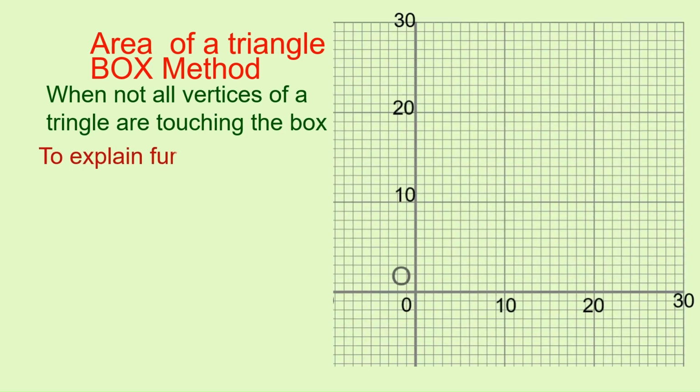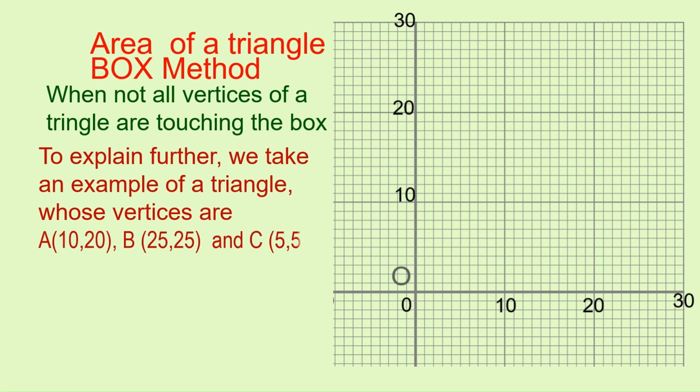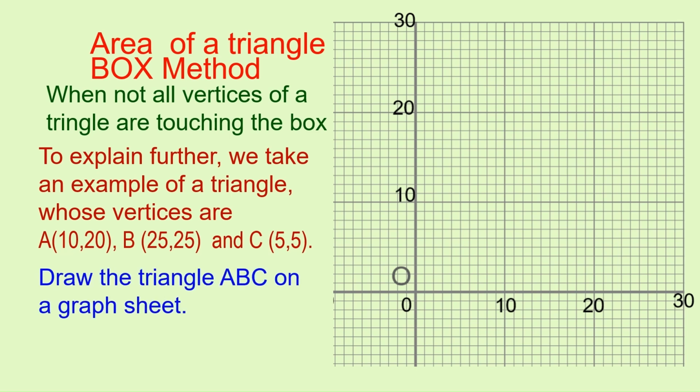To explain further, we take an example of a triangle whose vertices are A (10, 20), B (25, 25), and C (5, 5). Draw the triangle ABC, and later make a box.